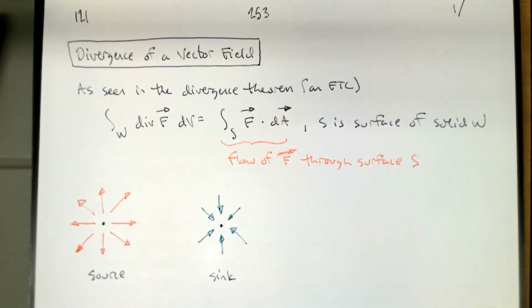So this has all the trappings of a regular calculus thing. The fundamental theorem of calculus means we're going to be integrating a derivative by looking at the function at the boundary. And here we're going to imagine the divergence, a source point.